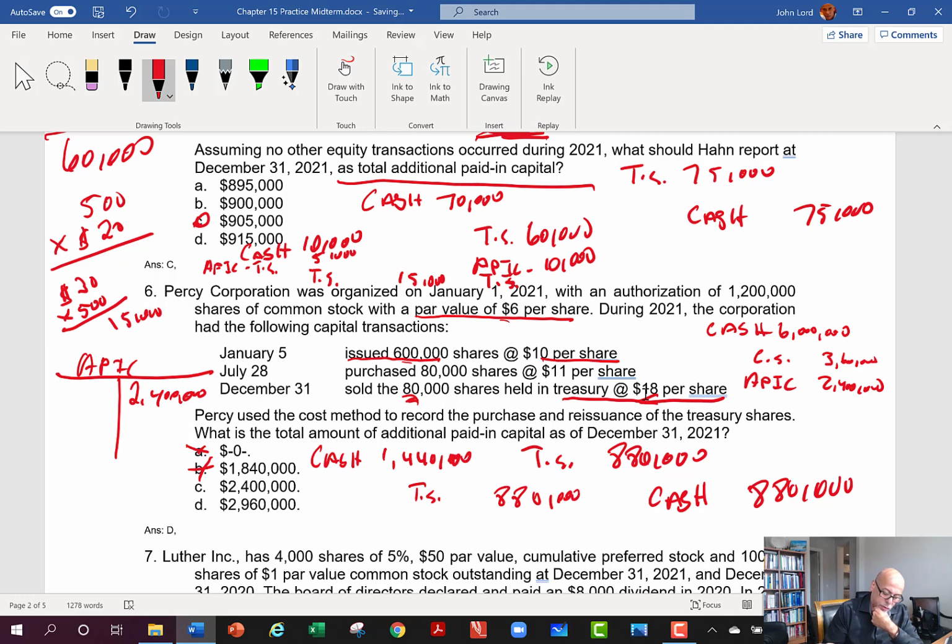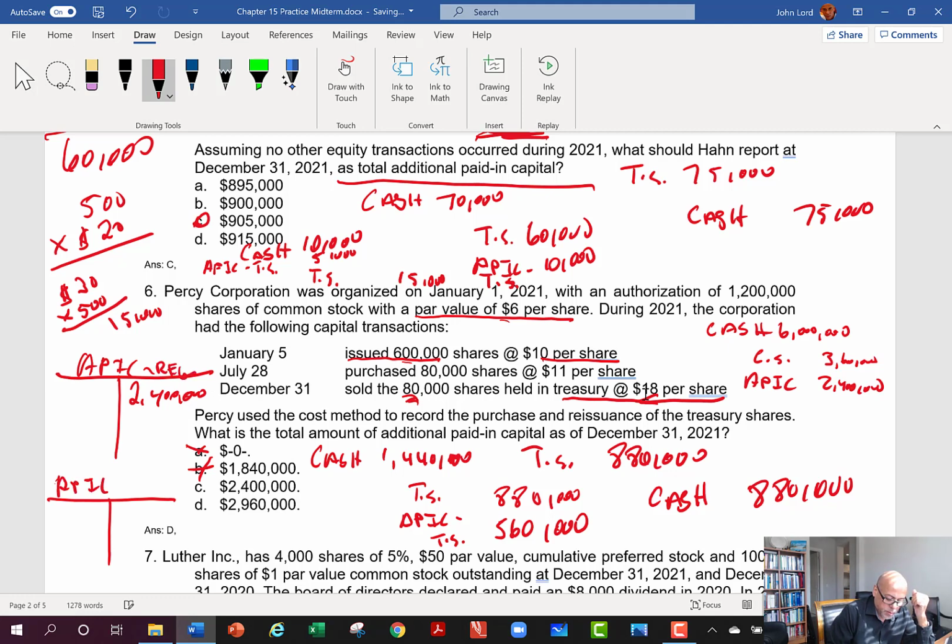And then the additional $7 per share, or whatever it takes to make this journal entry balance, I would credit APIC, treasury stock. And that comes out to 560,000.